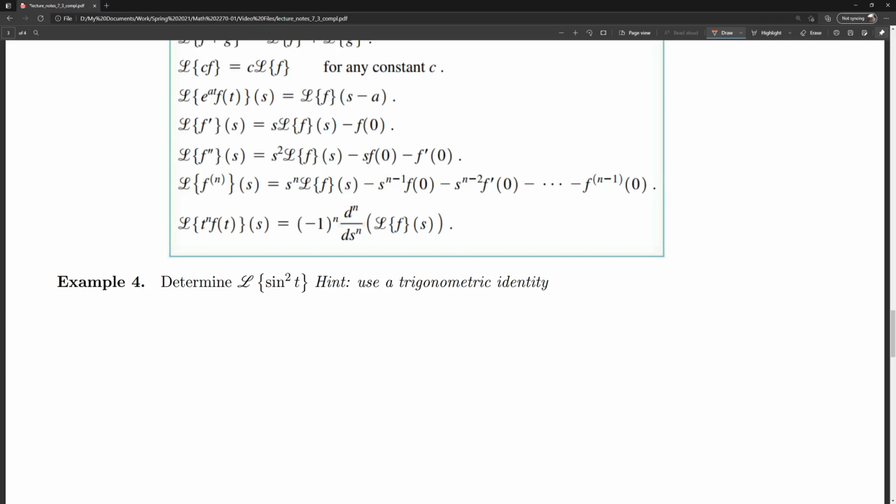Now, finally, for Laplace transforms in this section, we'll determine the Laplace transform of sine squared t. And sine squared t is not in any table that we've seen so far.